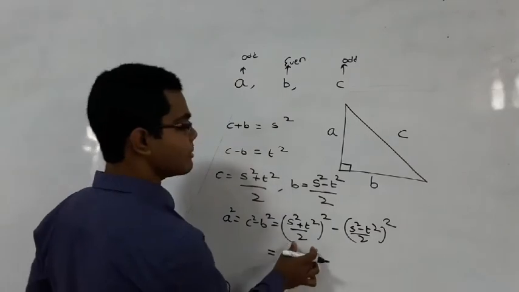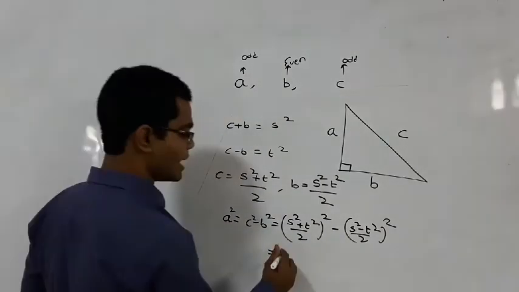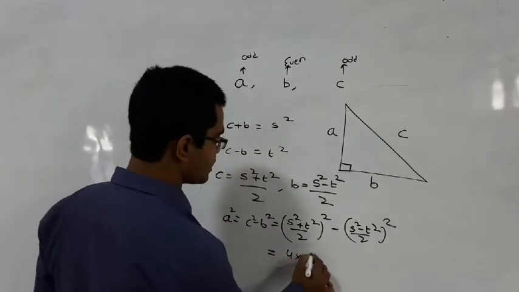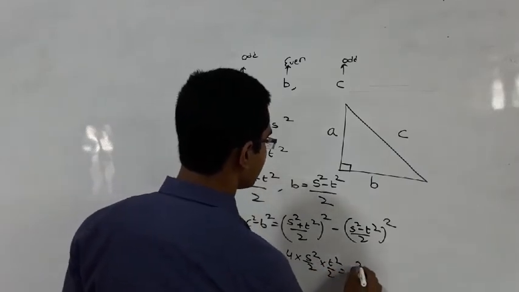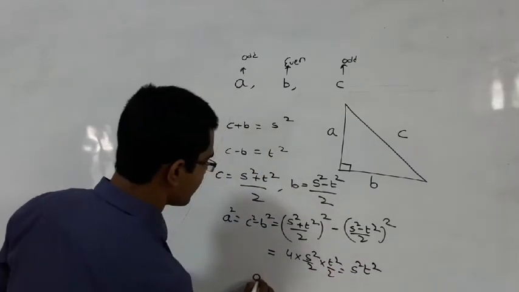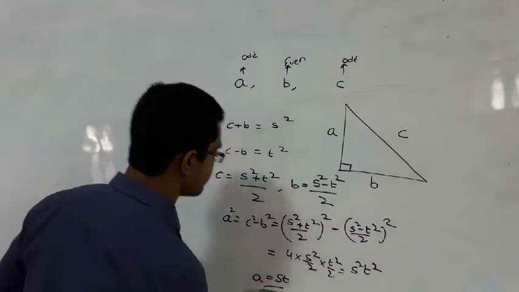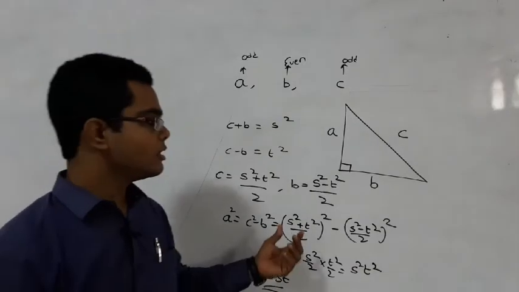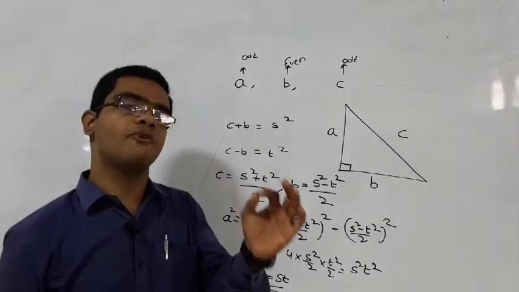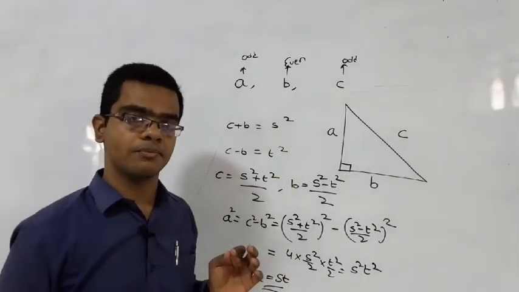So it's going to be A plus B whole square minus A minus B whole square, 4AB, 4 into S square by 2 into T square by 2, nothing but you will get S square T square, or we can write A is equal to S into T. So I think we could derive a formulation for Pythagoras triplets.